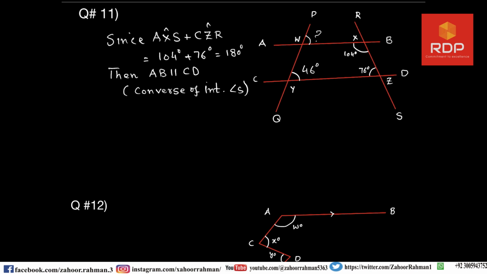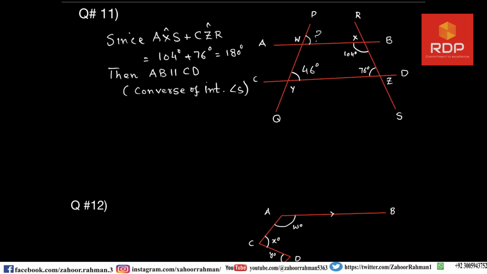Yes, there is a converse theorem as well. In the original theorem, we are saying that if AB is parallel to CD, then the sum of the angles must be equal to 180. We wrote that here: 104 plus 76 is equal to 180 degrees.